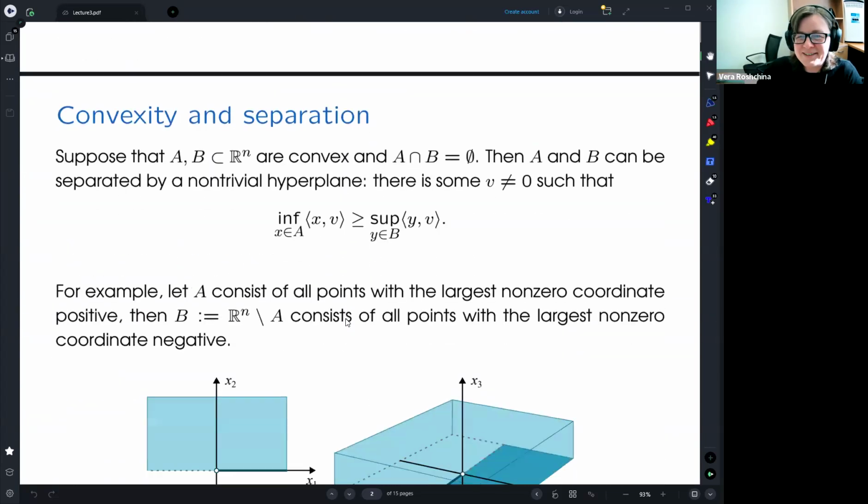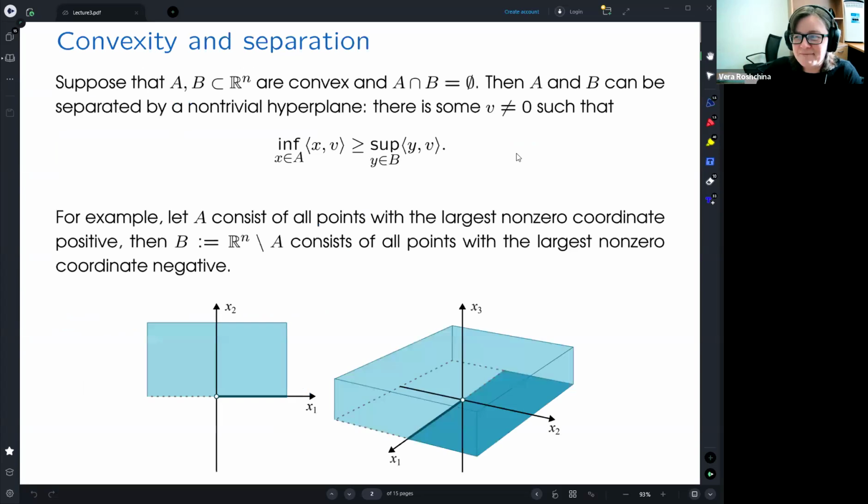Okay, so let's talk about something very basic. I didn't mention separation before, because I wanted to talk about separation in the context of general vector spaces. So let's remind ourselves of the very basic idea of separation.